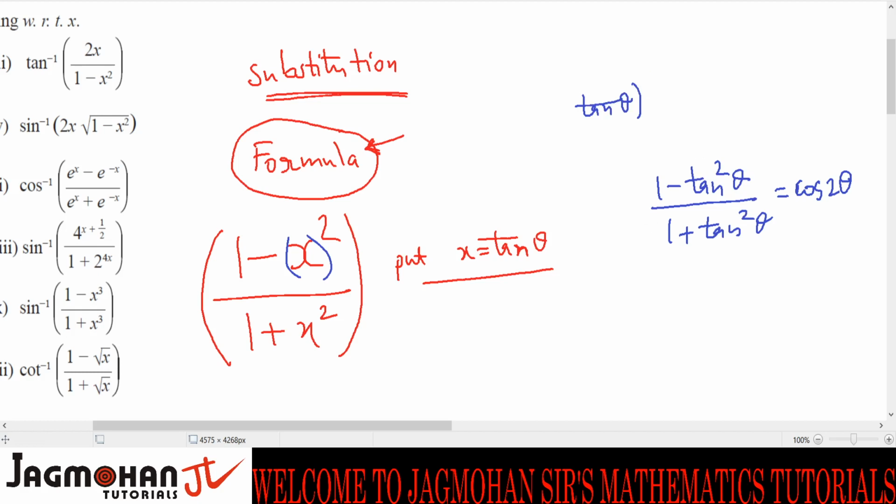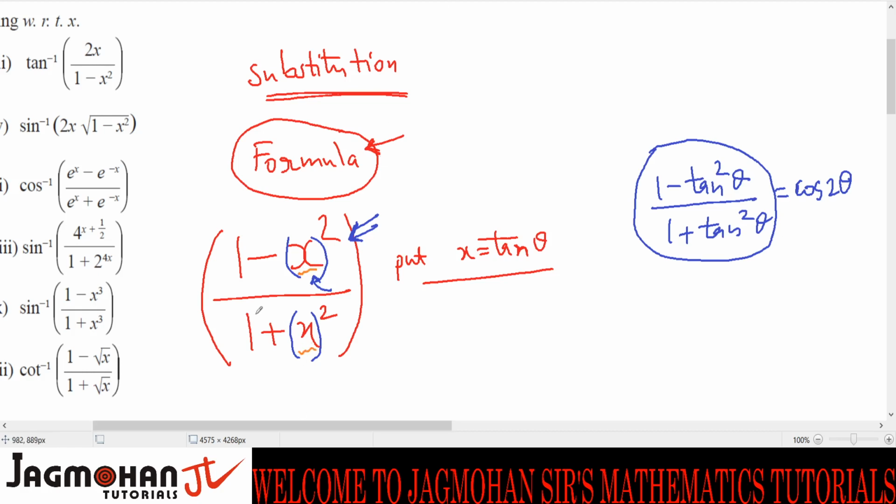So here what we learned was that for any such expression, 1 minus x square upon 1 plus x square, the underlying formula is this. It is this formula which will get me cos 2 theta. So whenever I see such an expression, whatever I have at this place will be put as tan theta.